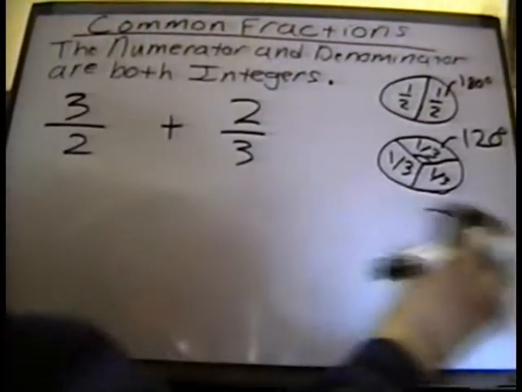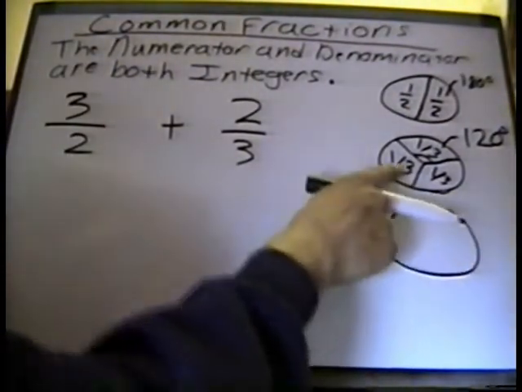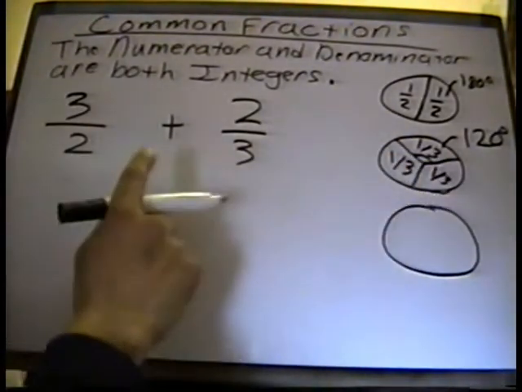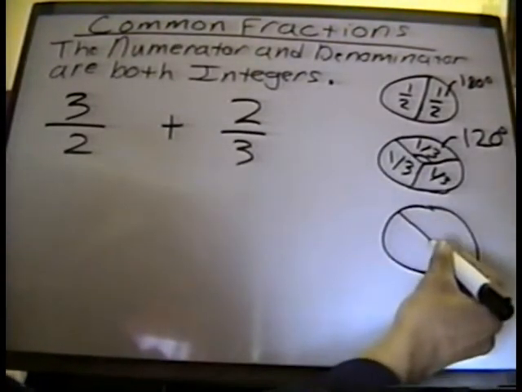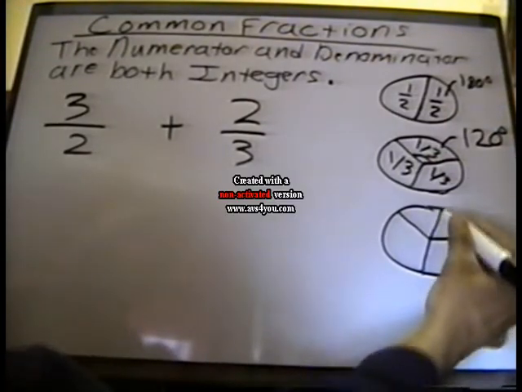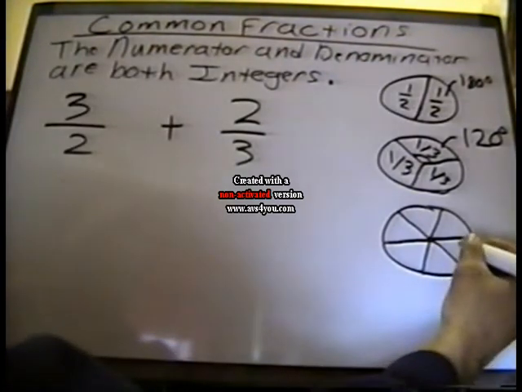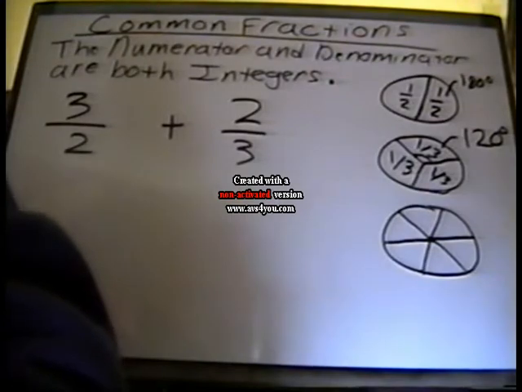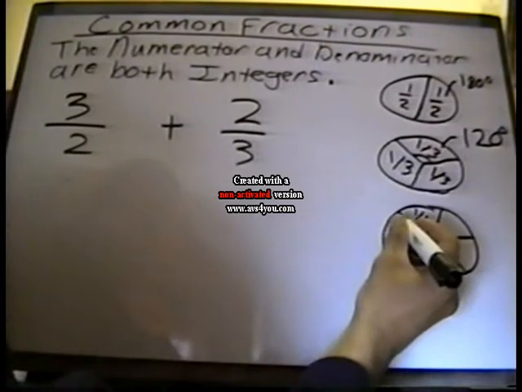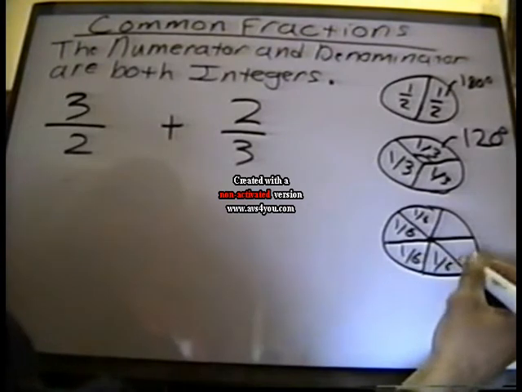So 1/6. First you start by making a Y formation in a circle to divide it into 3 parts. You just do that twice. Or you divide each part into a half. And now each part is 1/6. Each part is 1/6.